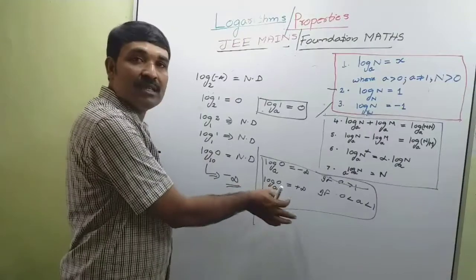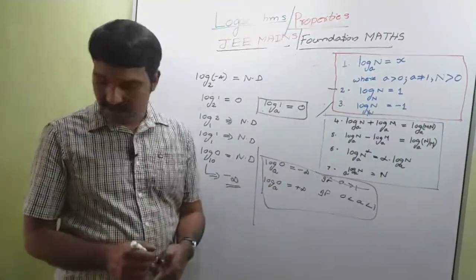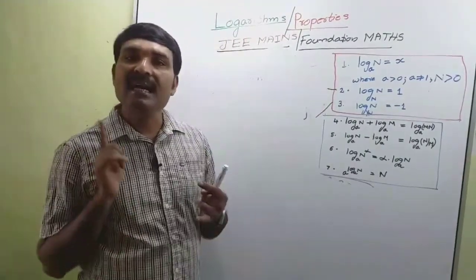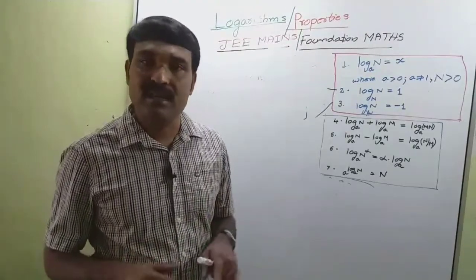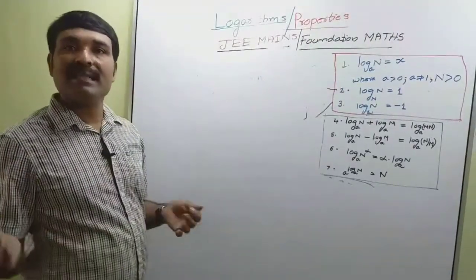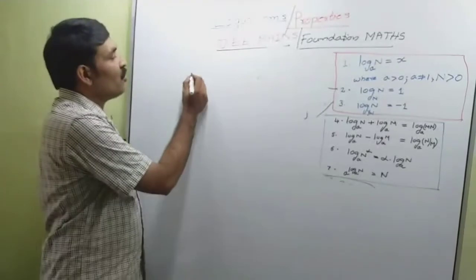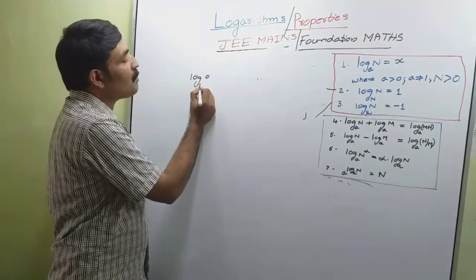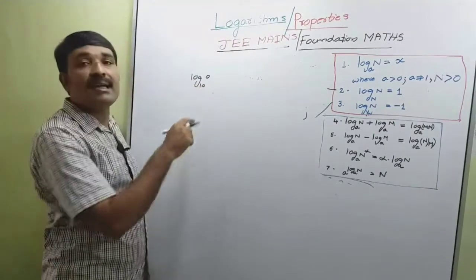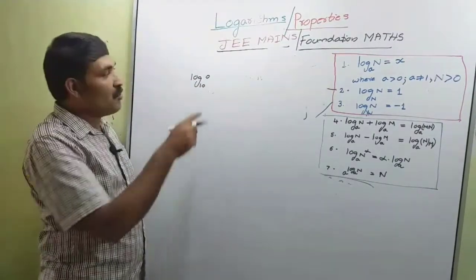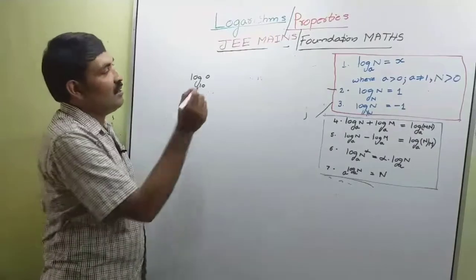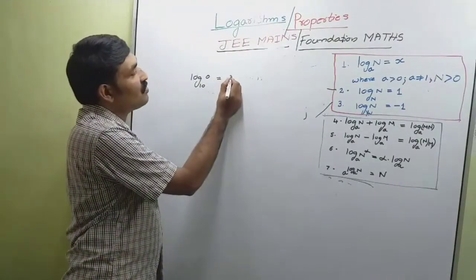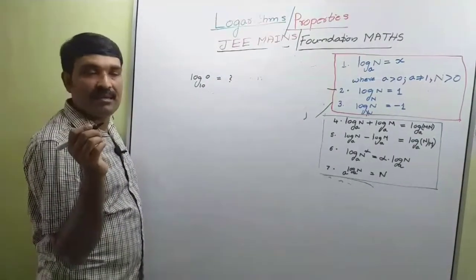Let us prove this property. We can prove that property either graphically or mathematically. First I am going to prove it mathematically. Now log of 0 to the base 10. Here 10 is greater than 1, so base is greater than 1, is equal to what?